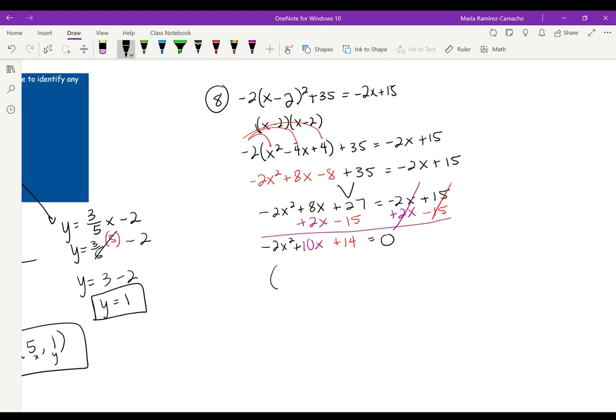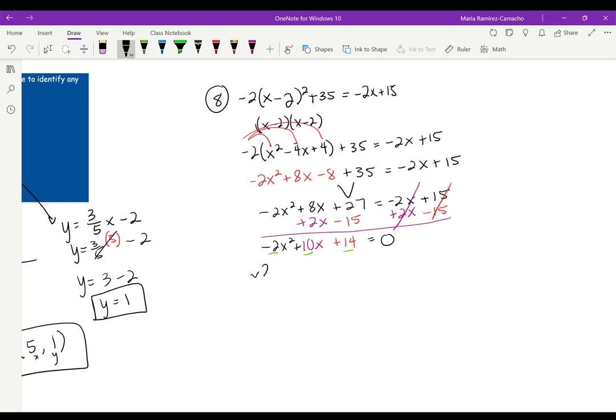Before we factor this and solve for x, what I'd like to do is factor out a negative 2. I want to factor out a 2 because looking at all of these coefficients, they're all divisible by 2, and negative 2 specifically, because that would just leave me with the positive x squared term.